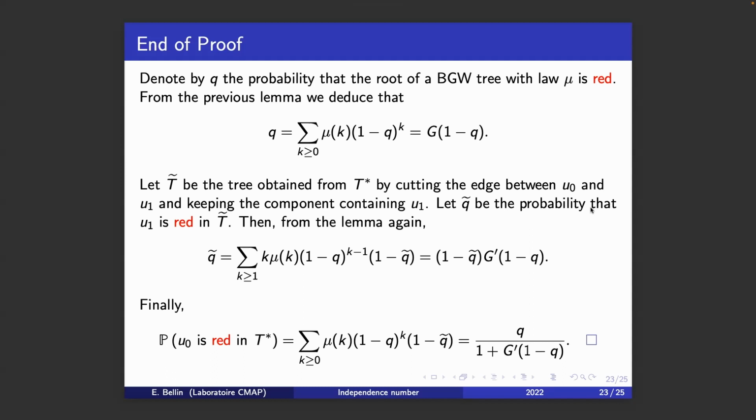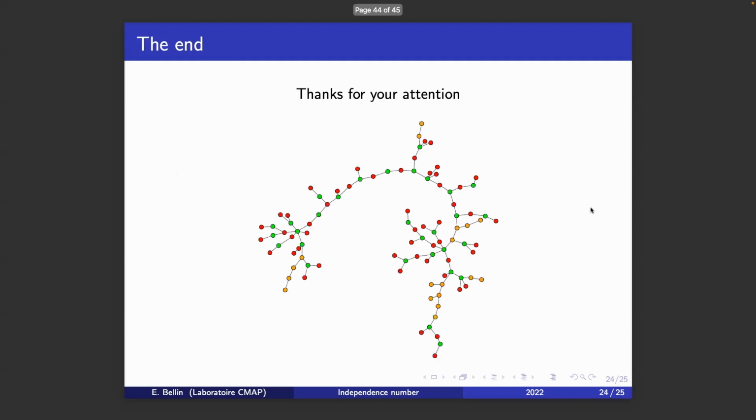But this is not 1 minus q, but 1 minus q tilde. And if we put everything together, we exactly obtain what we wanted, which is q over 1 plus G prime of 1 minus q. So that's all for me. Thank you for your attention.